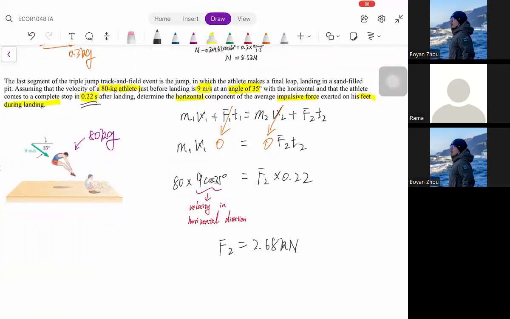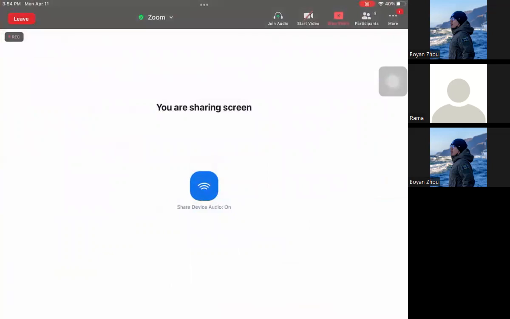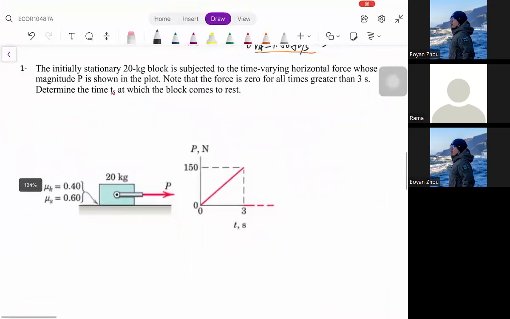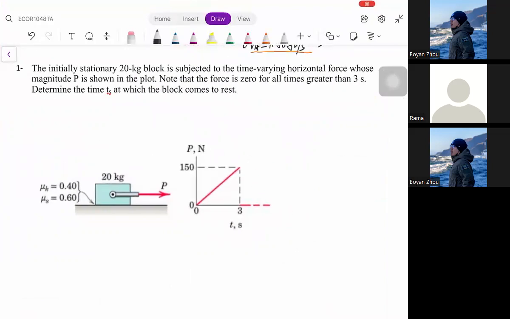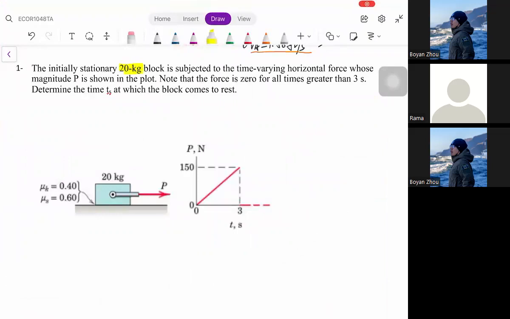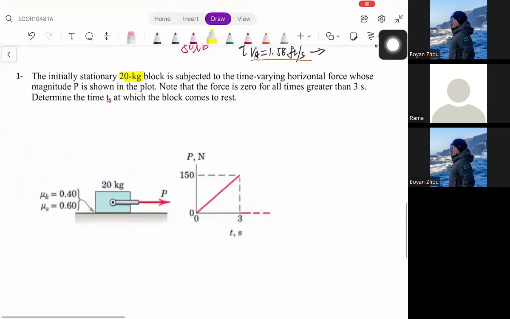Okay, so the last one. We have another box that is stationary, which means the box is not moving at the beginning, and it is 20 kilograms.